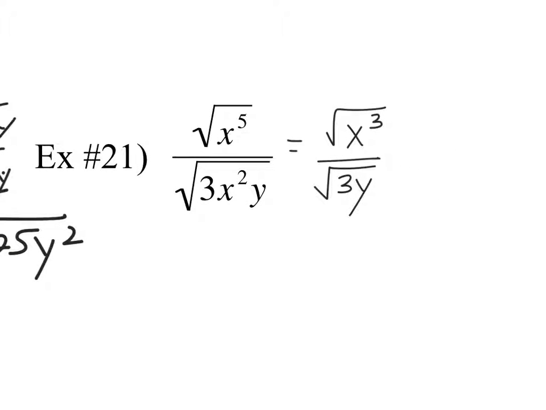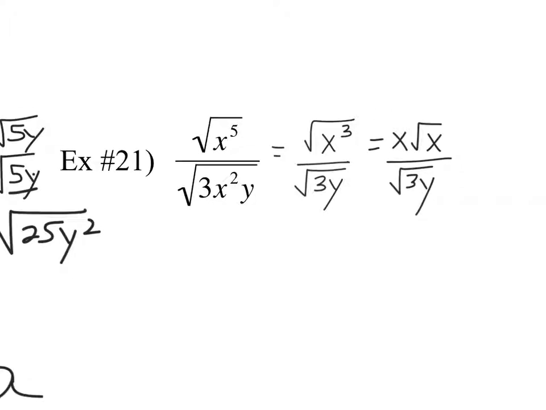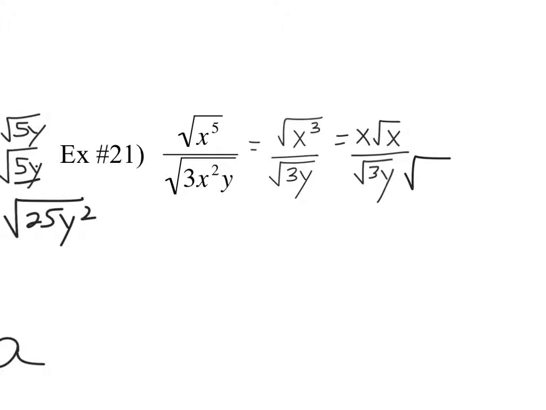Up top, we can simplify this. This is the same thing as x rad x. 2 goes into 3 one time with 1 remainder back. And on the bottom, I still have rad 3y. So to rationalize, I need to multiply top and bottom by rad 3y.